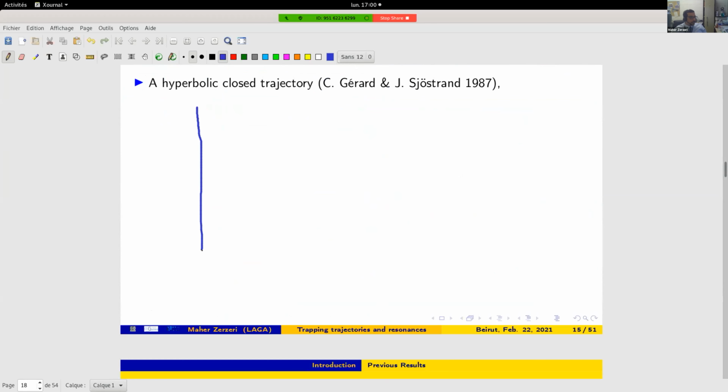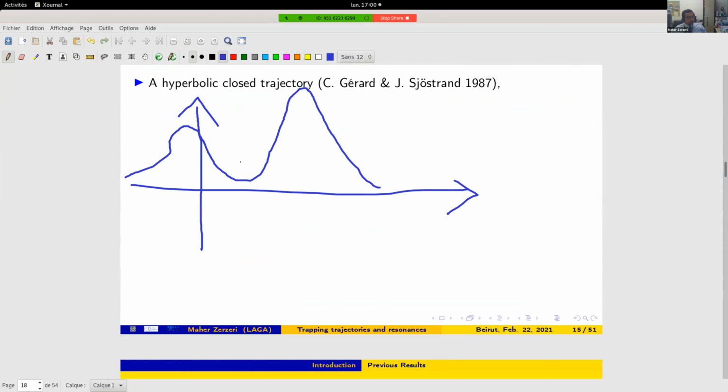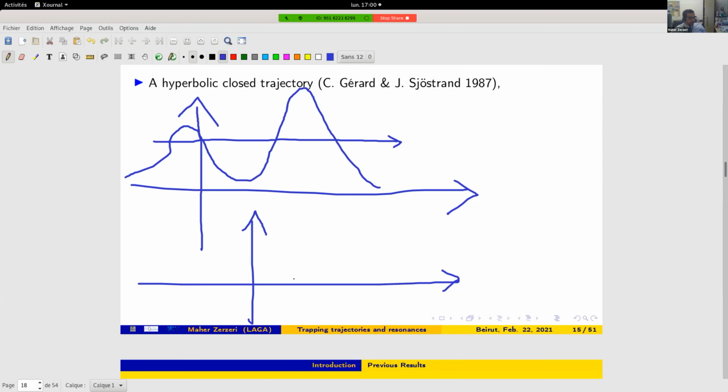so you have something like this, and we go far from the minimum here for this potential, and this is a minimum for one direction, and in the cotangent space, you have periodic trajectory, and this is very important.